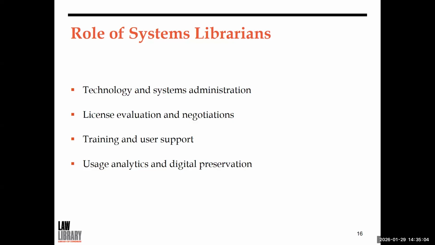In terms of license evaluation and negotiation, it's also a role that most systems librarians here in Kenya and across East Africa do, whereby they play a critical role in evaluating electronic resources licenses to ensure compliance with institutional needs and legal requirements.